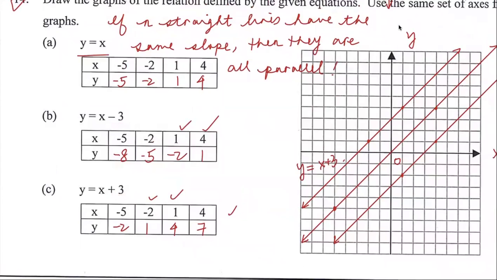For y is equal to x, the y-intercept is 0. For y is equal to x minus 3, the y-intercept is minus 3. For y is equal to x plus 3, the y-intercept is positive 3. That's the only difference, right? But these three straight lines, they are parallel.